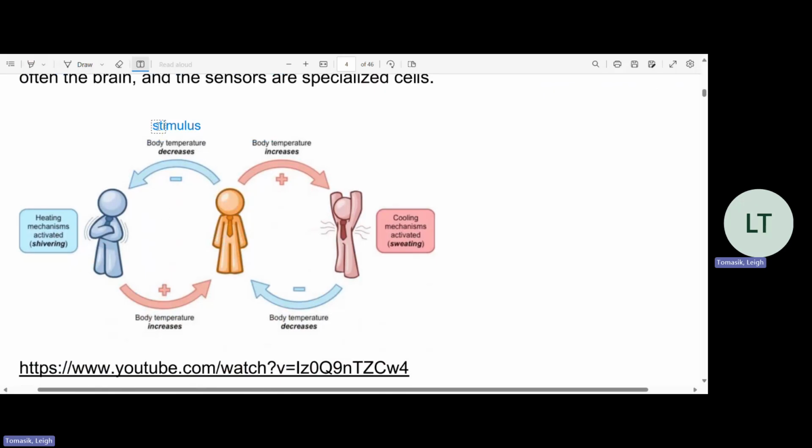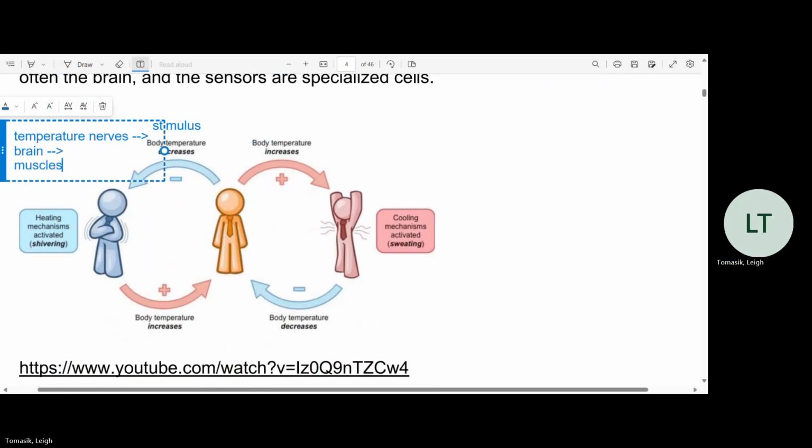Okay. So, what are some things that happen when you're cold? One thing that happens when you're cold is shivering, right? So your temperature nerves go to your brain, and then your brain sends a message to your muscles, right?